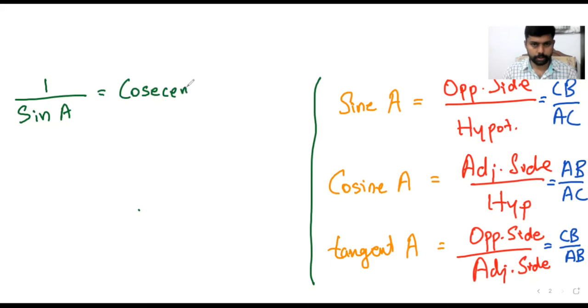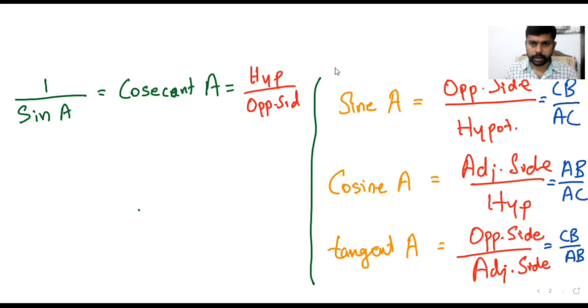Cosecant of A is defined as hypotenuse divided by opposite side.